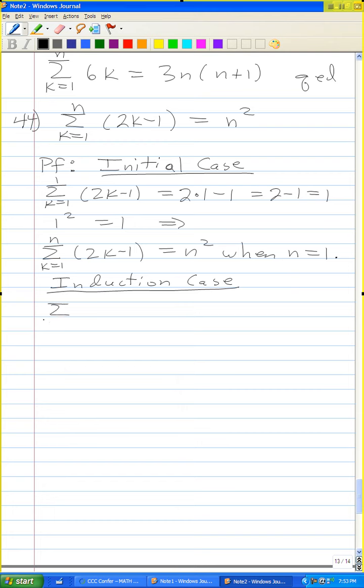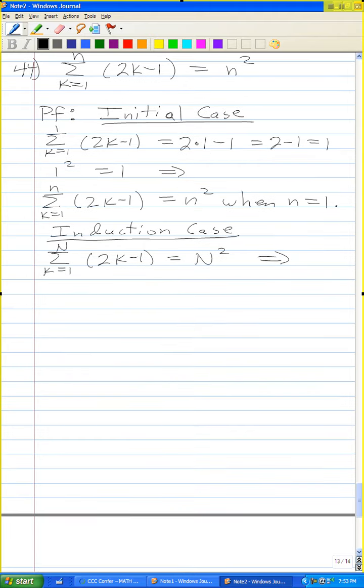Suppose the sum k equaling 1 to capital N of 2k minus 1 equals N squared. Okay, so then let's look at what happens when I write out the first N plus 1 of these terms. Well, it's equal to the sum of the first N of these terms plus the N plus first term.